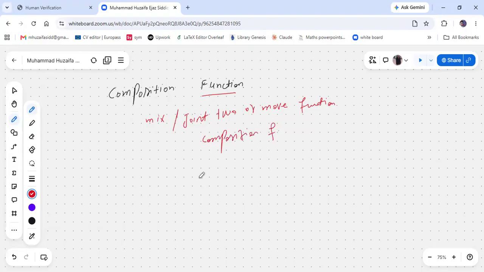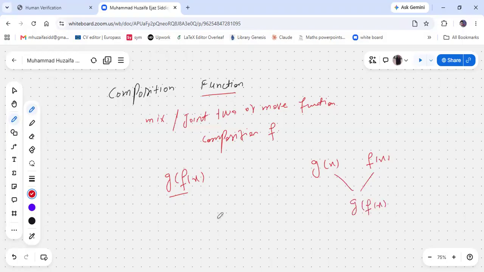Okay, and here we have g of f of x. It means we can construct a single function from two functions. So g is one function and f is another function. We can combine them and write g of f of x.